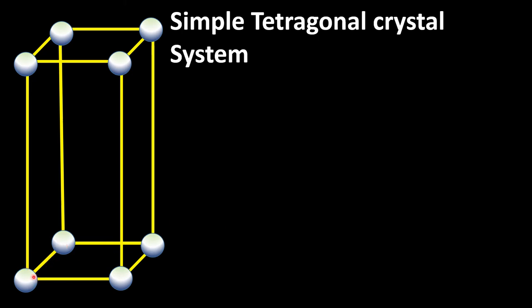Again, it has 3 lengths. We take this atom as our reference point. This is the length A, this is our length B, and this will be our C axis.